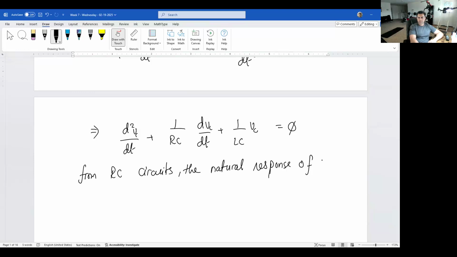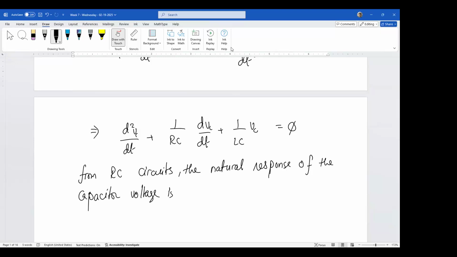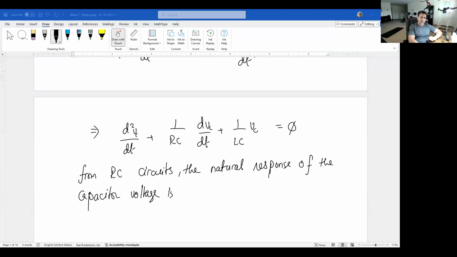What is the shape of the natural response of the capacitor voltage? Who's going to answer that question? We did that multiple times, of course. Looks like an exponential curve. Exponential function, very good. So the natural response of capacitor voltage is an exponential function.